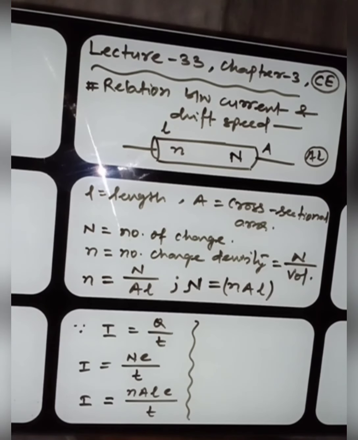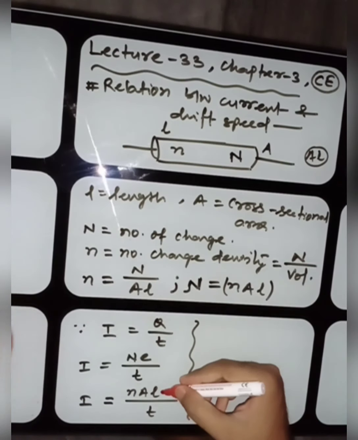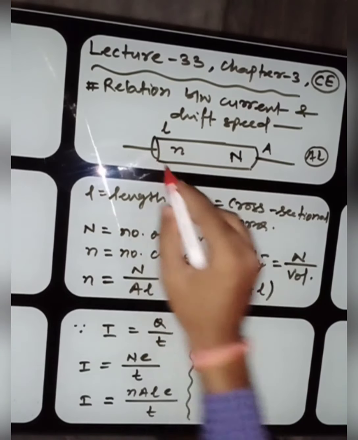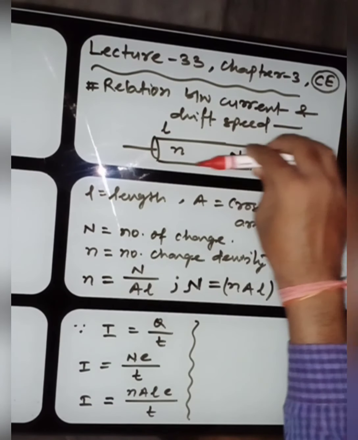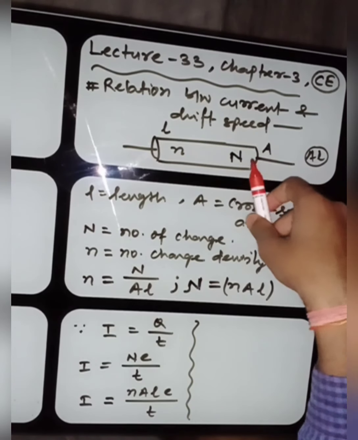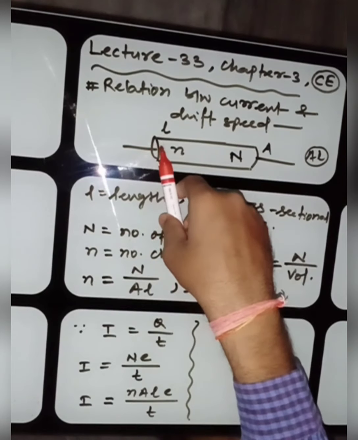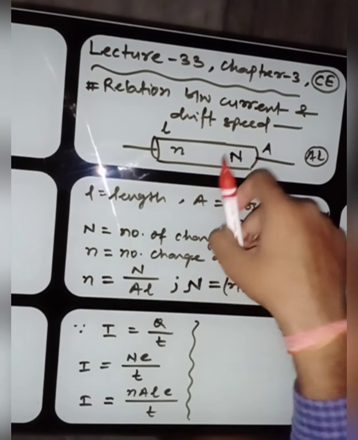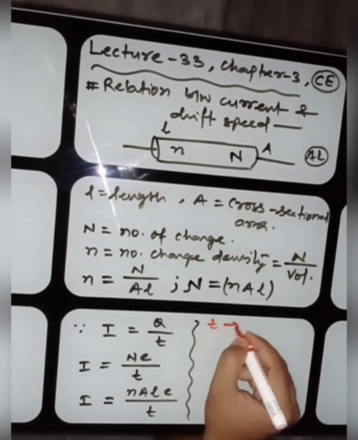The total length of conductor the charge has to travel is L. The charge will not move in a particular straight direction. It goes randomly here and there, and due to the number of collisions it takes a time. The average time to reach from here to here is called the relaxation time, which we represent by tau. Then this T can be written as tau.